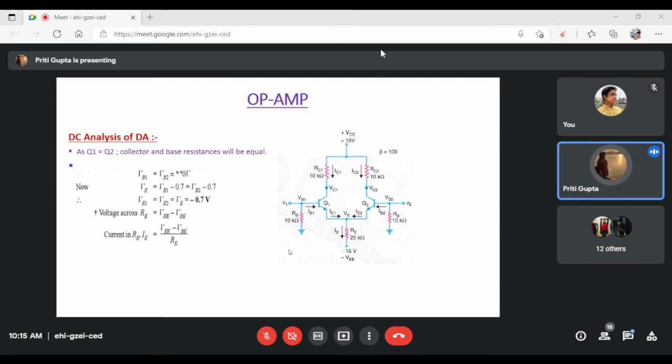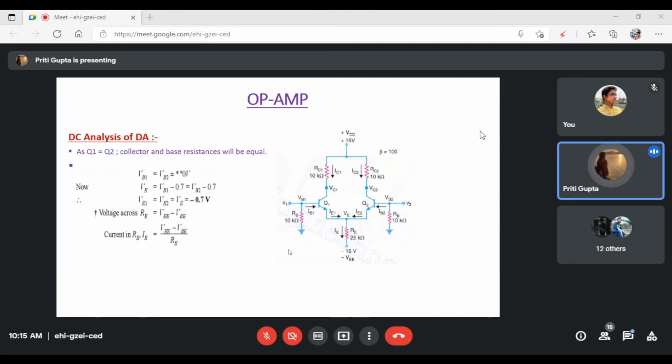IB should always be in microampere, and IE and IC should always be in milliampere. How much is it coming in microampere? 3.14 microampere, yes, sorry.